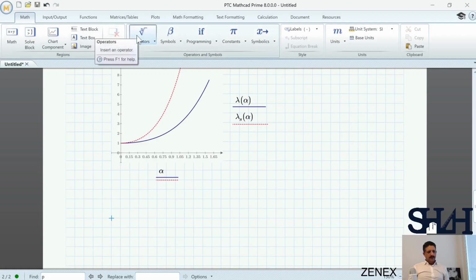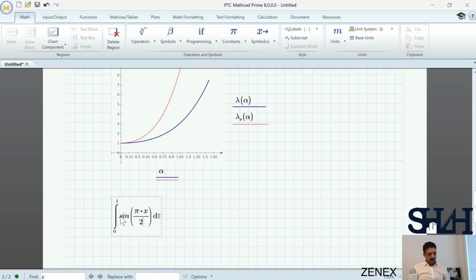So it will be integration from 0 to L, and this is sine pi times x divided by 2L to the power of 2, dx.